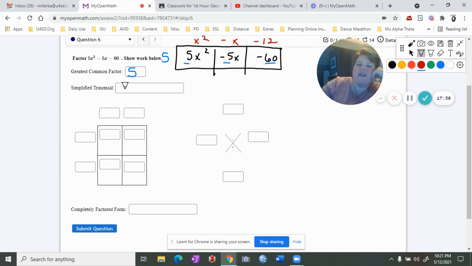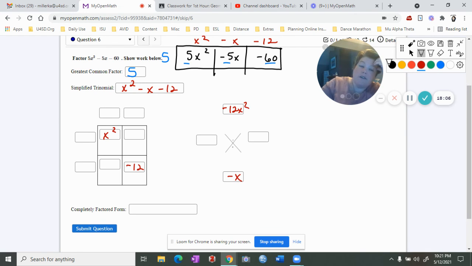So my simplified trinomial is x squared minus x minus 12. And this is what I use in my diamond and my box. So x squared in the upper left, negative 12 in the lower right. x squared times negative 12 is negative 12x squared, and then negative x goes here.